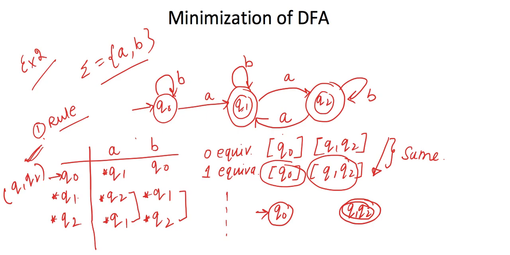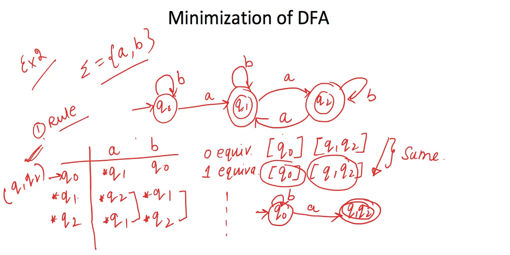Now you just fill the entries based on this diagram or table. Q0, upon scanning a, is moving to Q1Q2. Q0 on scanning b is remaining at Q0.